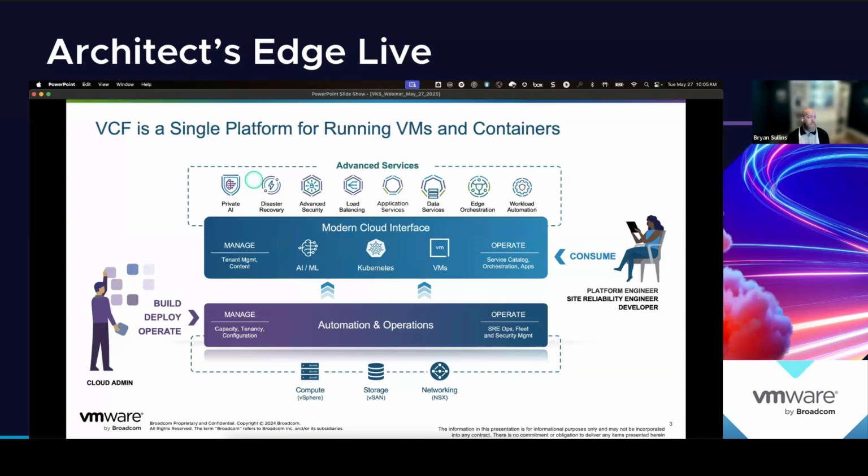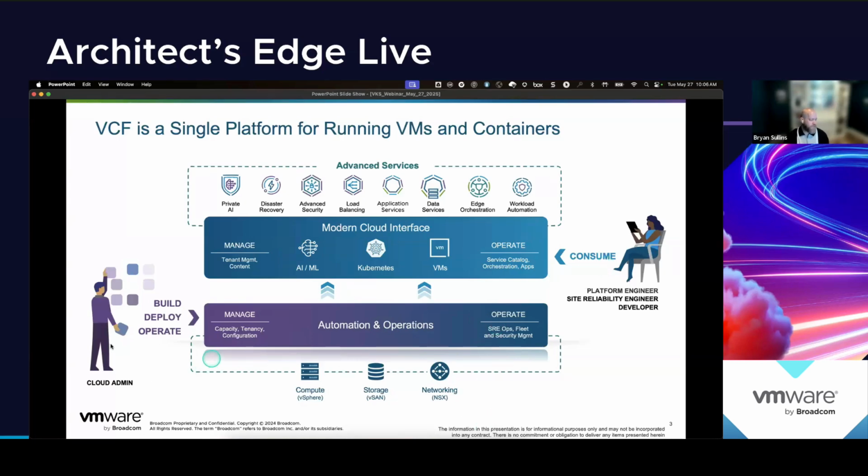So the way to look at this is, if you take a look at what's offered out in public clouds, you can create your VMs in mere moments. Kubernetes clusters are self-service, and when we start talking about consumers, we're talking about platform engineers, site reliability engineers, and developers who can consume this on-prem as you would out in the cloud.